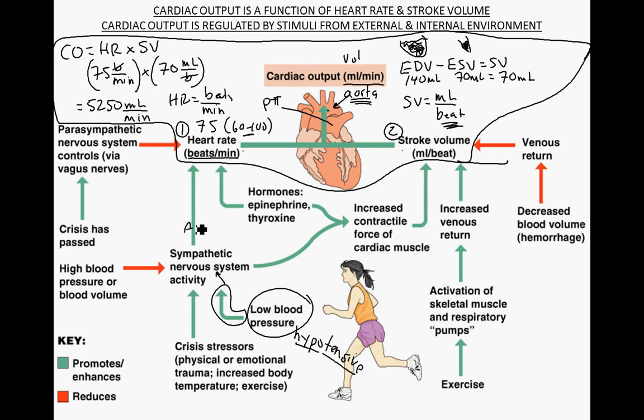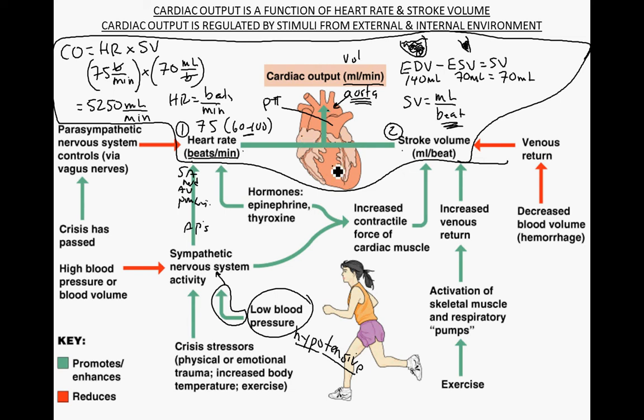So here we have action potentials that are going to go directly via sympathetic fibers to the SA node, AV node, and Purkinje fibers here. So these things get stimulated directly by the sympathetic nervous system, and that is going to cause those to depolarize faster to threshold, and therefore the myocardium of the atria will contract faster.